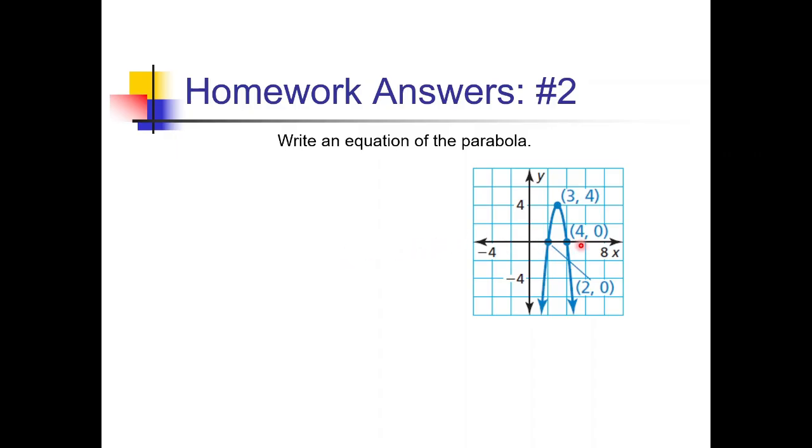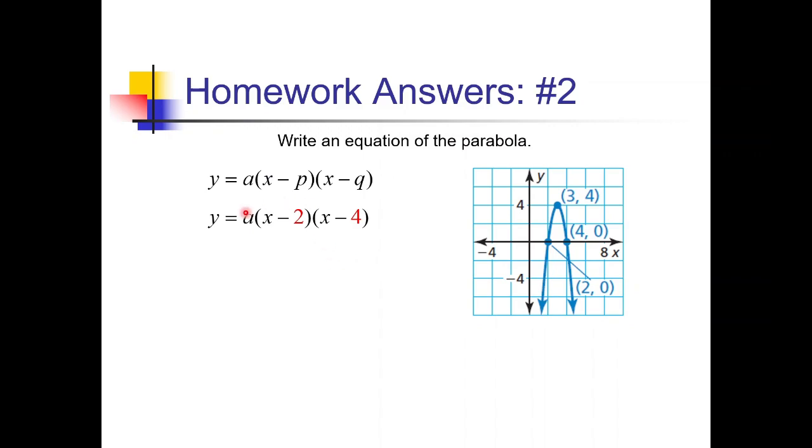But I'm going to go with the x-intercept model just because I don't always get to do that one. And I'm very sure that these are the x-intercepts, and I'm only mostly sure that this is the vertex. So let me use y equals a times x minus p, x minus q, and we'll plug in these x-intercepts of 2 and 4 for p and q.